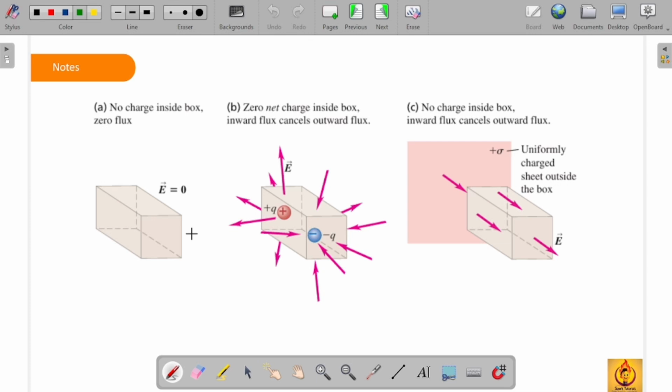So they just cancel. Flux in is equal to flux out. It's like having a bottle which has a hole at the bottom. You pour water from the top, it comes out at the bottom. So there's no water inside, meaning there's no electric field that's coming out, because the electric field going in is coming out. They just cancel.